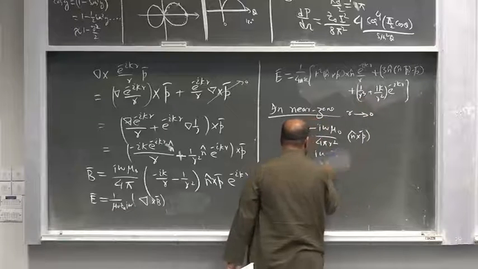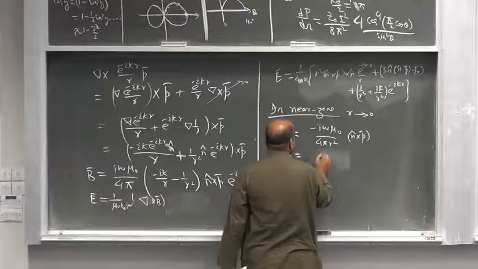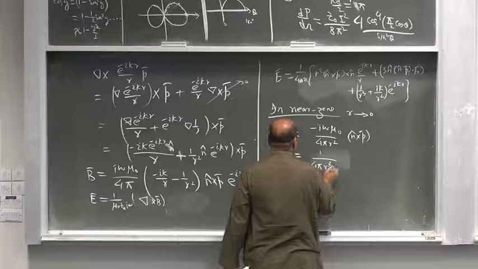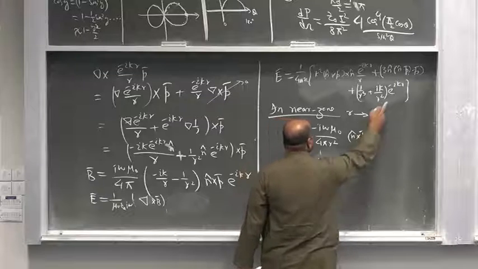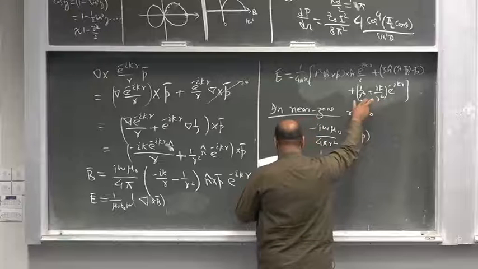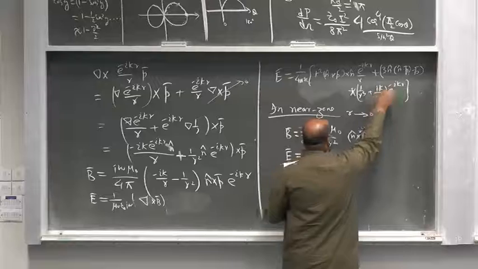So the answer would be 1 over 4 pi r cube epsilon naught into this term being multiplied with this thing.